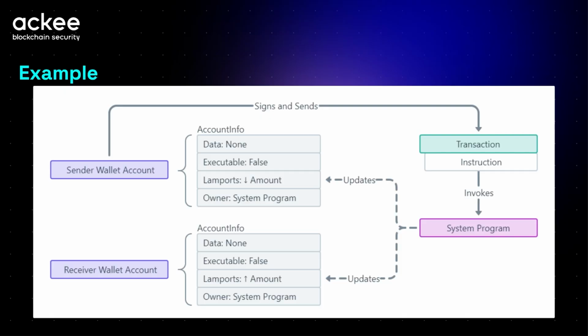That means the transfer instruction can modify the lamports, because the transfer logic is contained in the system program, and the system program is the owner. That's why there was also a point about adding lamports, that it can be done by anyone. But subtracting lamports cannot be done by anyone, only by the program owner, or in this case, the owner field. That means the system program.